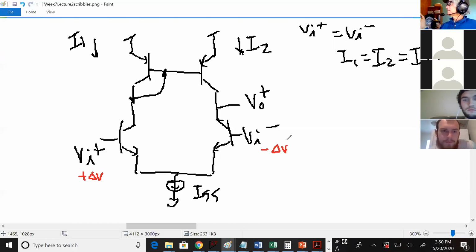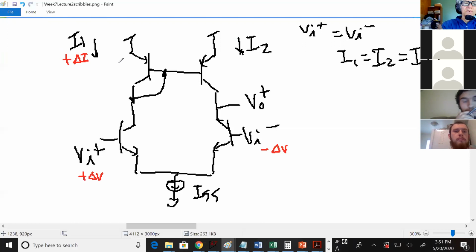Let's just look at the left side for a second. If I raise this side by delta V, what do you think happens to the current on the left side? It's going to go up exponentially. Yes, but let's say we moved delta V so small that it's a nice little change in current.